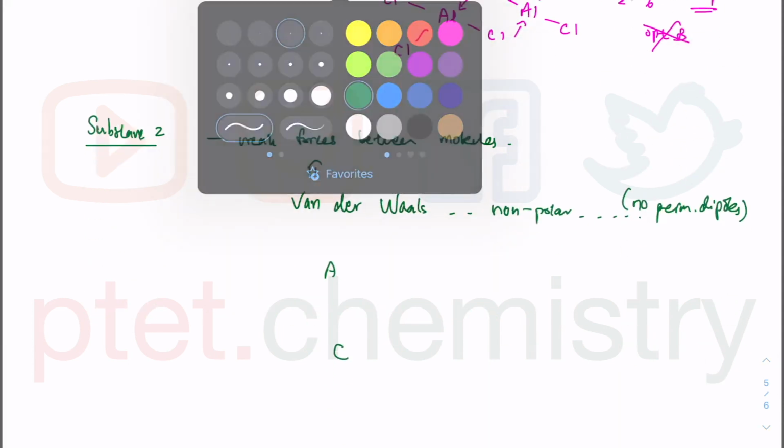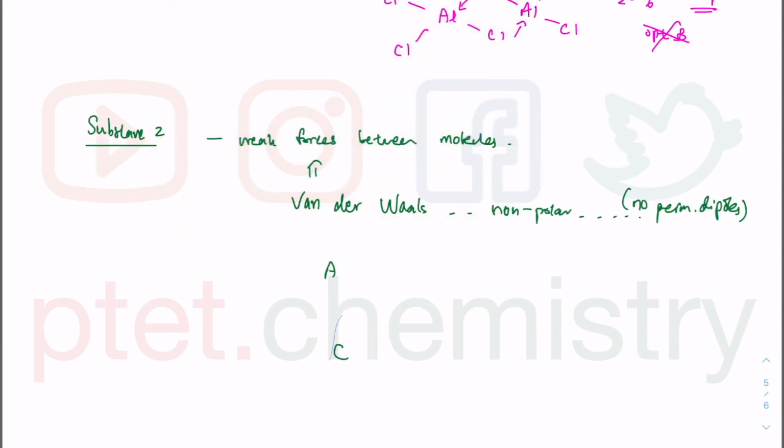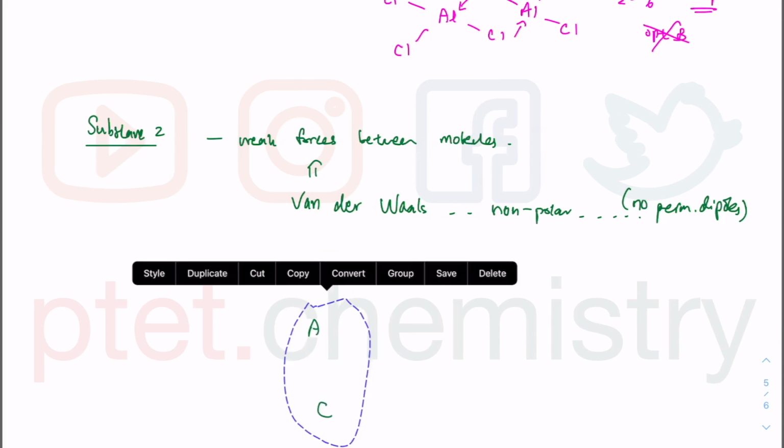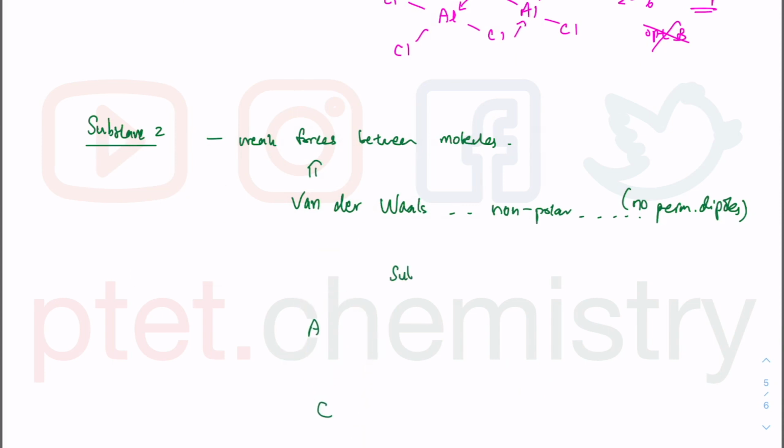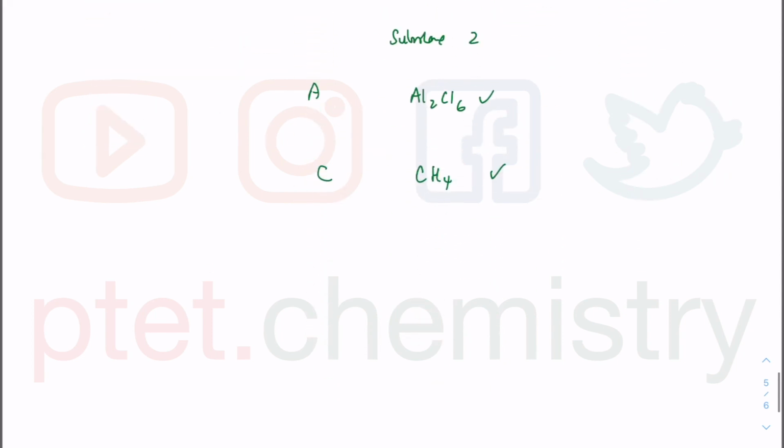So in substance 2, beg your pardon, substance 2 for A is Al2Cl6, that is going to be okay. For C, CH4 is going to be okay because these are non-polar, which means there's nothing that can allow us to decide until we look at the property of substance 3.